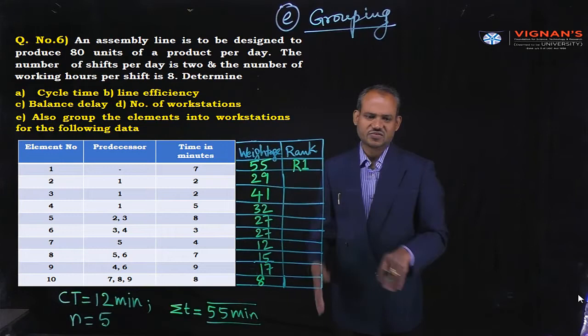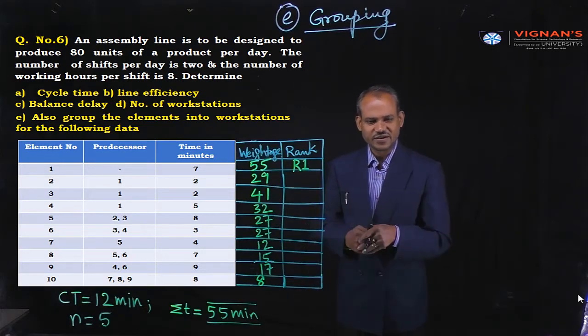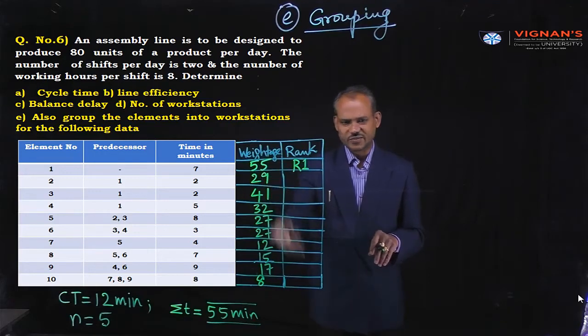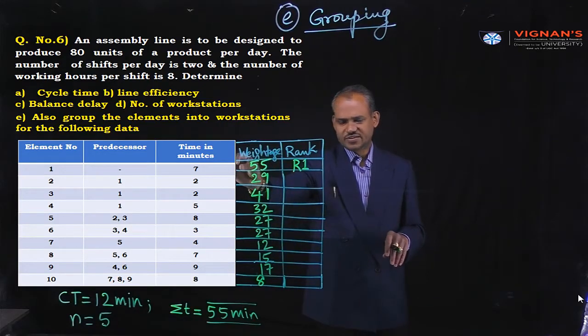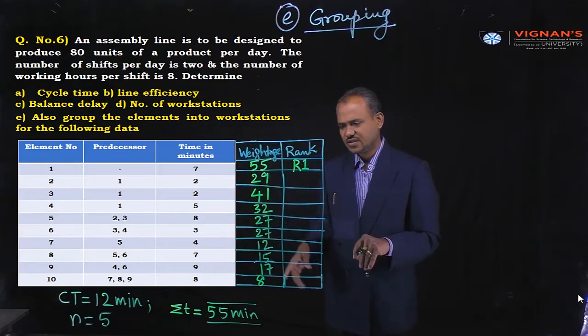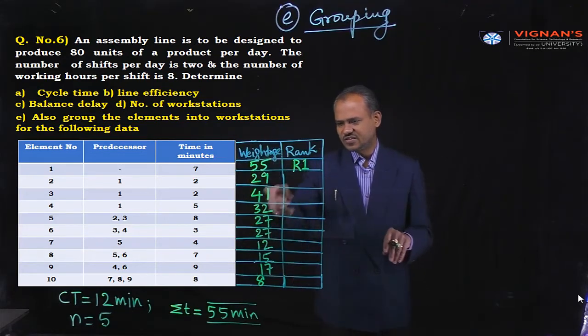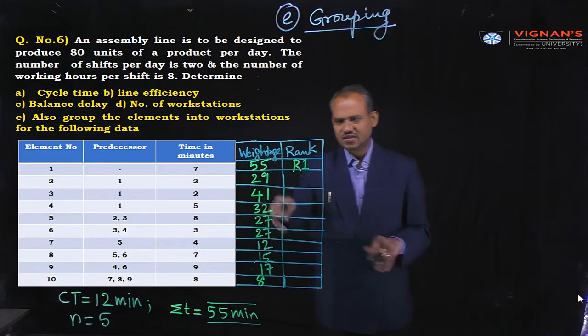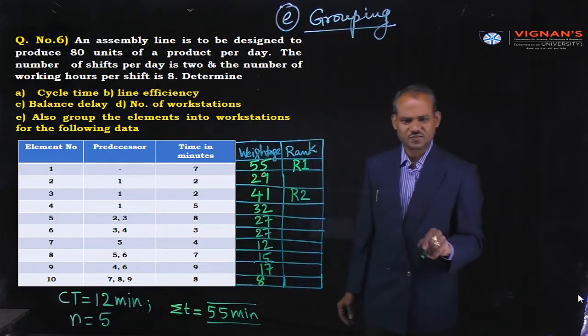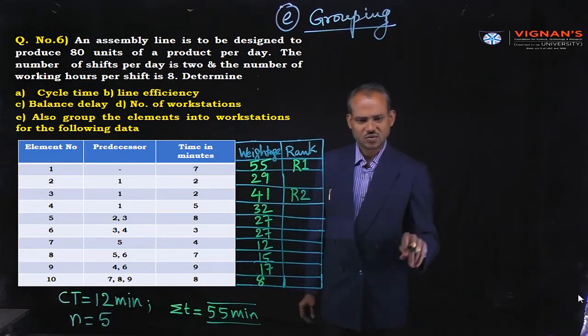Next highest. What is the next highest element? Leave the first element and consider the remaining 9 elements. Among all these 9 elements, 41 is the highest. Therefore we are going to assign rank 2 for this third element, R2.